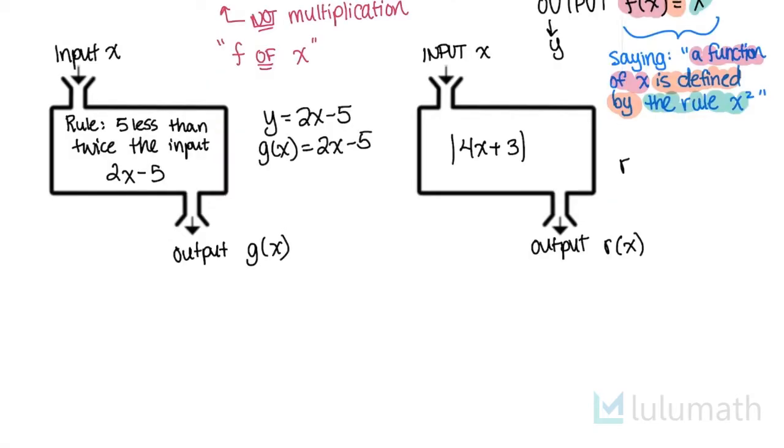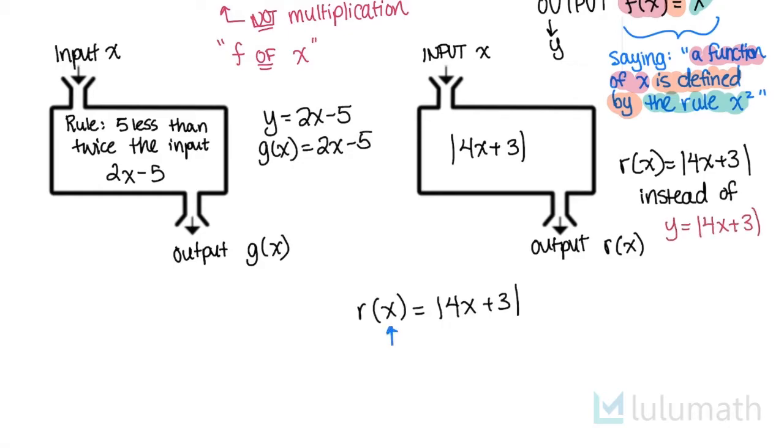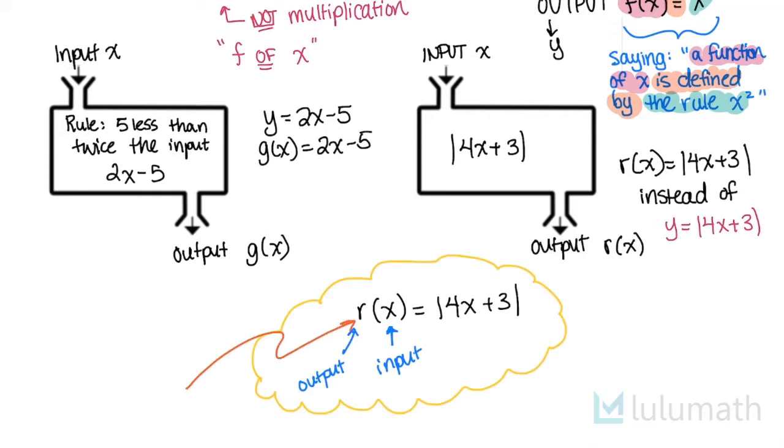So here we can say r of x is equal to the absolute value of 4x plus 3, instead of y equals the absolute value of 4x plus 3. So again, just a quick note, the x is our input, the r of x is our output. And I can't stress this enough, this r of x here is not multiplication, it's not r times x.